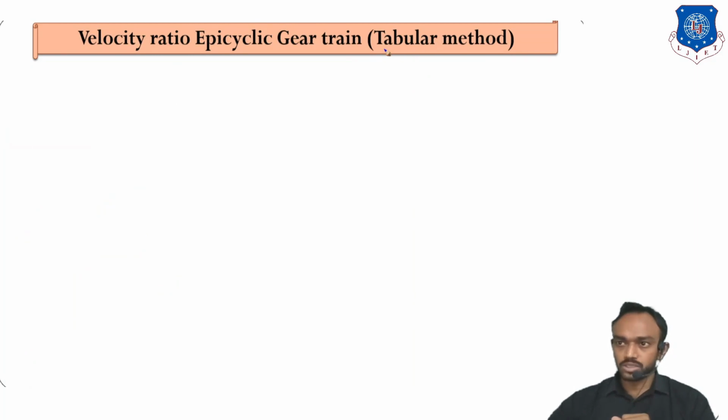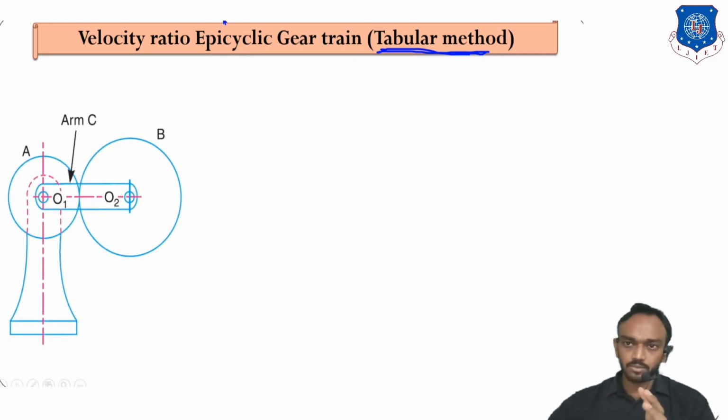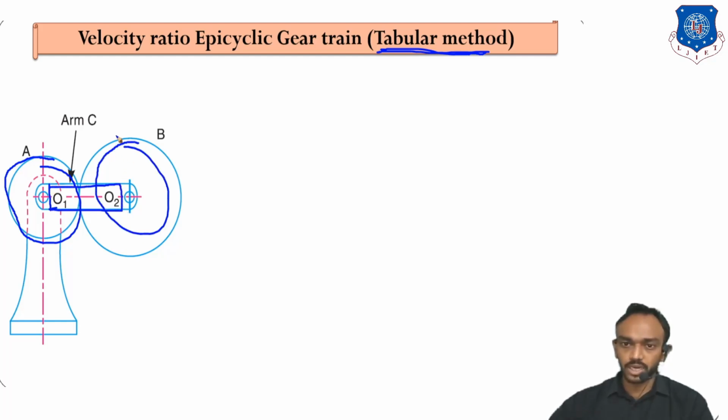This tabular method is based on one table. Any type of system can be asked, but as an example for learning this method, we are taking this simple system in which gear A is at the center, the arm is here, and gear B is rotating around it.